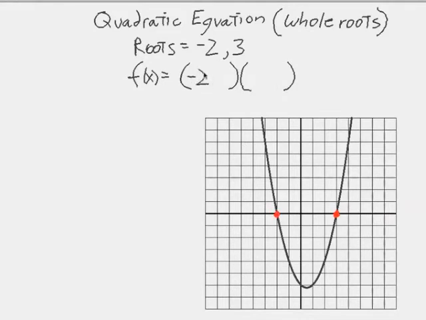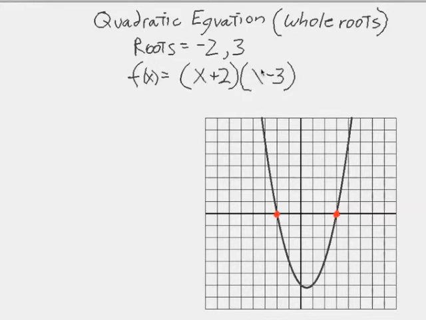So what would I have to add to -2 to turn it into 0? +2. And the other factor is +3. What would I have to add to it to turn it to 0? -3. So in our factors then, the two numbers that are going to go in there are going to be the exact opposites of the roots.